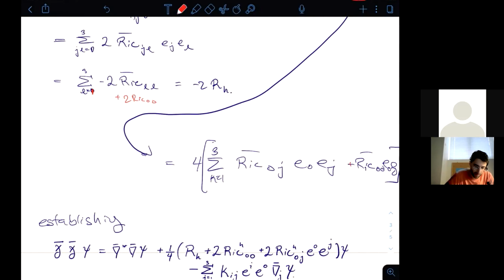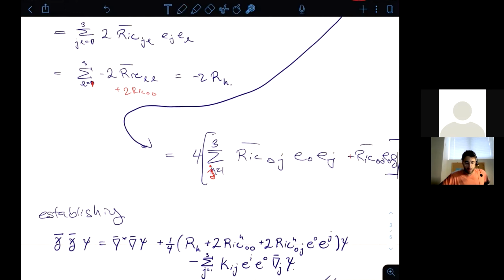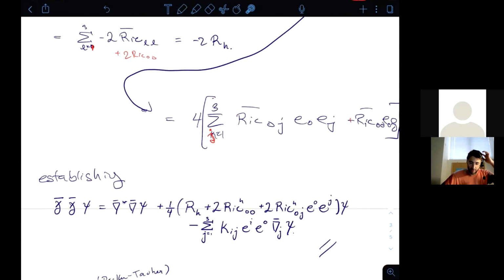And this should be summing over J. Sorry about that. Which establishes the final formula. That's what we were interested in establishing, which we've got here.